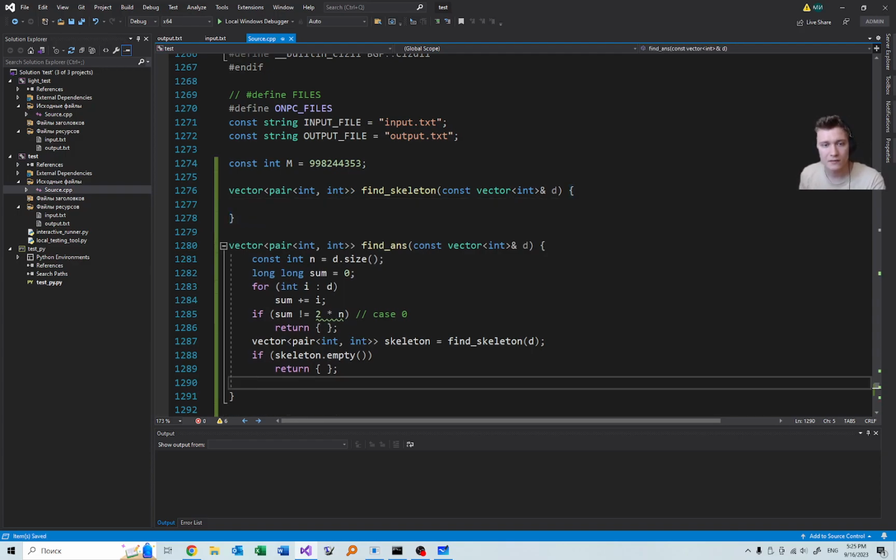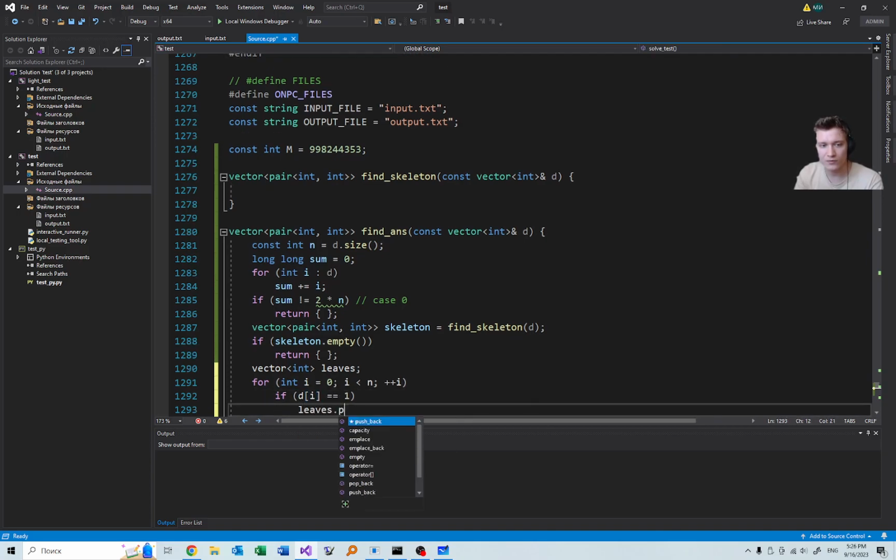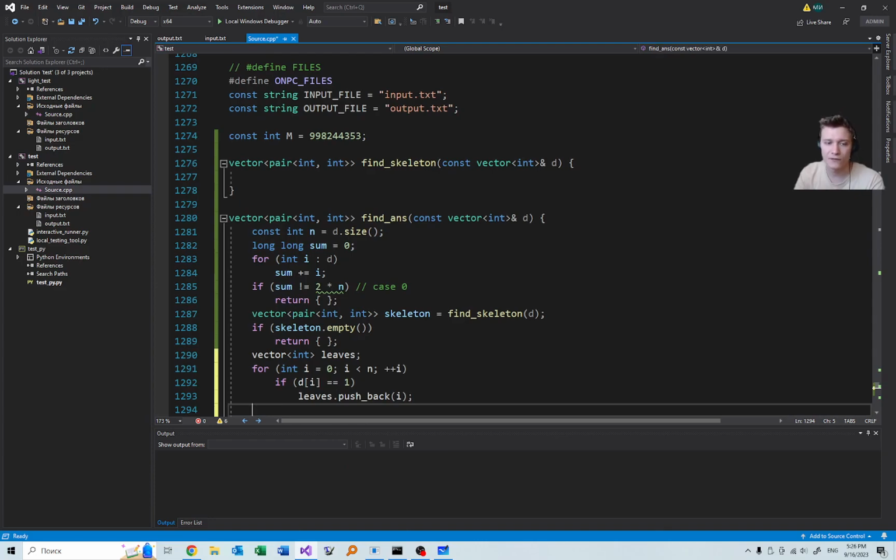After that, let's find all actual degrees of the vertices. So how do I do it? First of all, I'd like to have the list of all leaves. So vector int leaves. So if d_i equals 1, then leaves dot push_back of i. This is the first part.